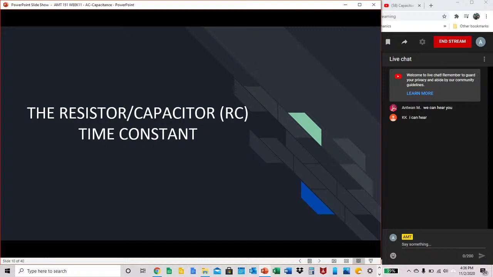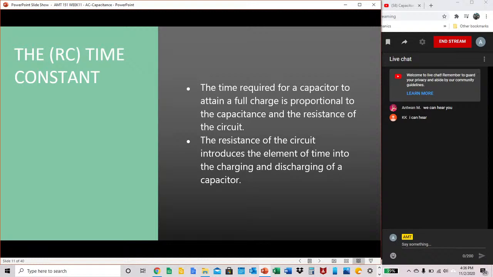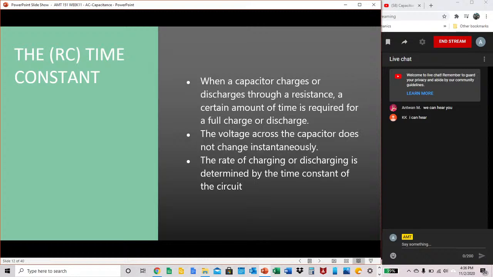Our resistor capacitor, or RC time constant. The time required for a capacitor to attain a full charge is proportional to the capacitance and the resistance of the circuit. The resistance of the circuit introduces the element of time into the charging and discharging of a capacitor.